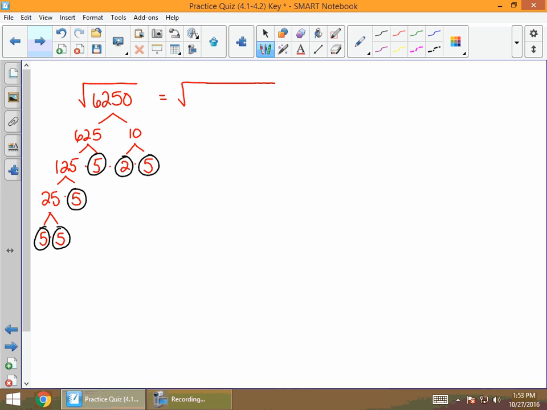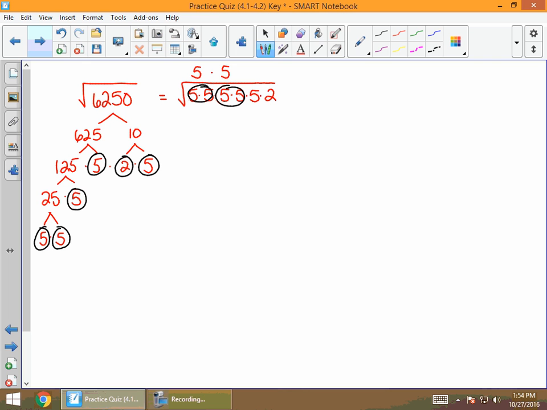And list all my primes here. So when I start listing out all of my prime numbers, I have 1, 2, 3, 4, 5 fives, and a 2. If they're going to get out of the square root, they come out in groups of 2. So there's a group of 2, so a 5 comes out. There's another group of 2, so a 5 comes out.